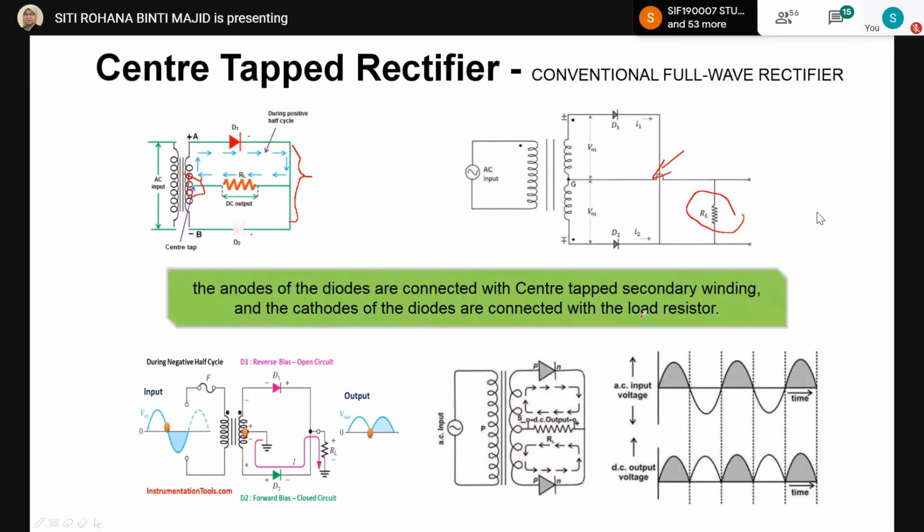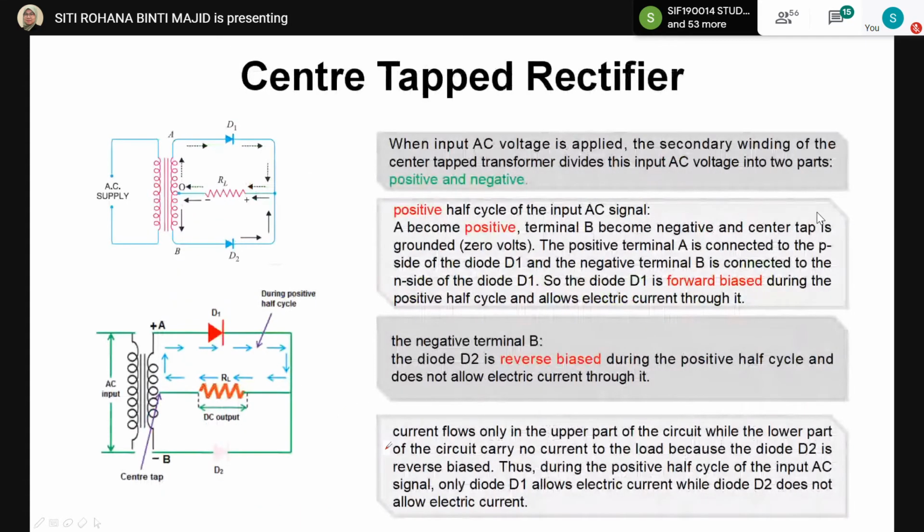So the first one is during the positive half, and this diagram is for the second half. We will look into the first half, during the positive half cycle.